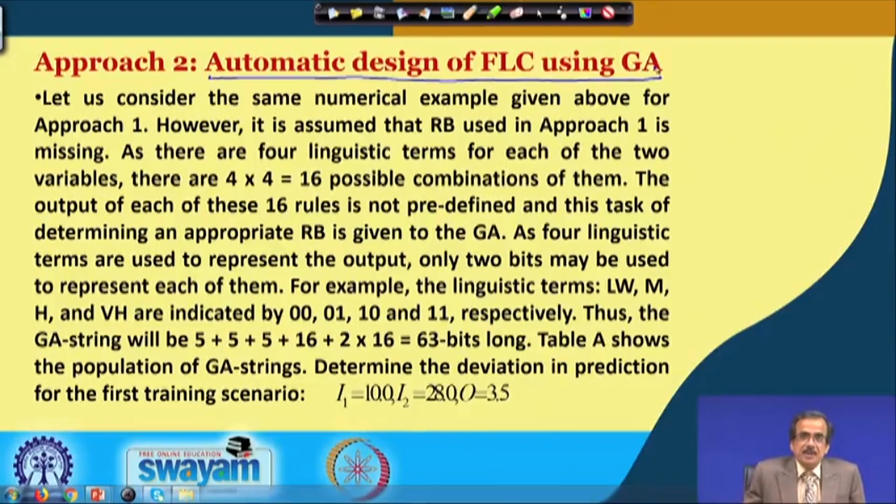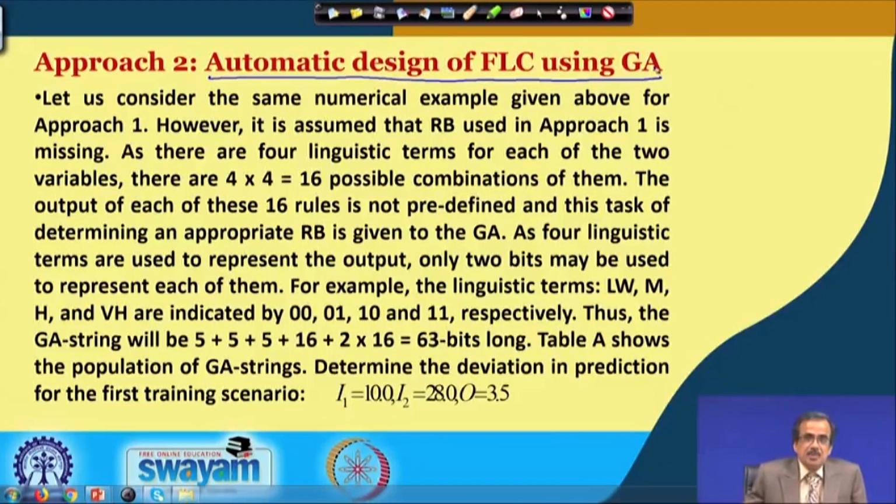Here we do not determine the rule base of the fuzzy logic controller beforehand, because we do not have sufficient information of the process to be controlled. And here the whole task of designing the rule base is given to the genetic algorithm.